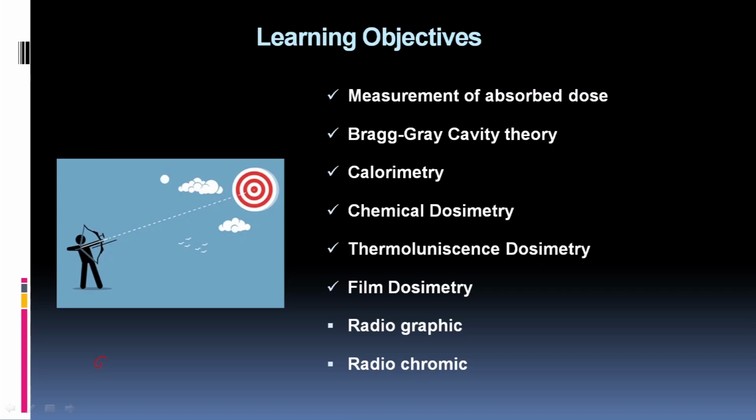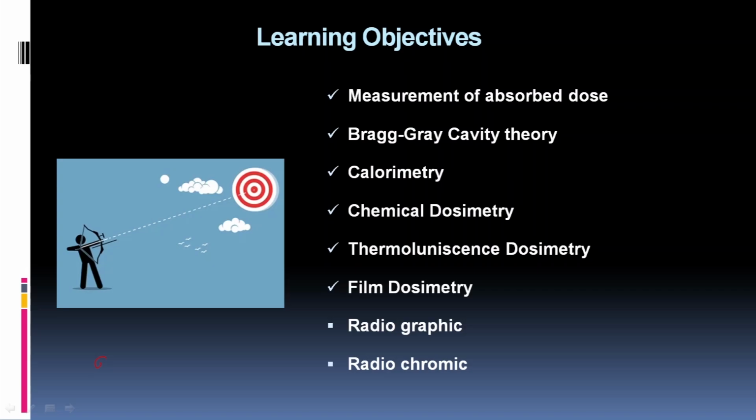ionizing radiation measurement systems. They are calorimetry, which is based on heat energy absorption, where the absorbed energy is converted to heat. The next one is chemical dosimetry, where we will discuss chemical changes that are directly proportional to the amount of incident radiation.